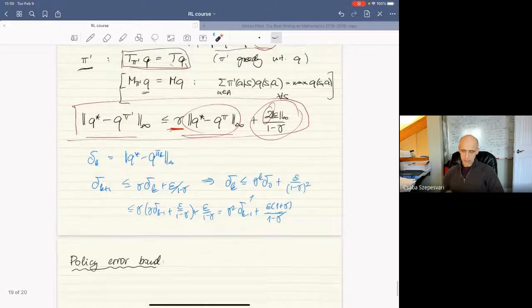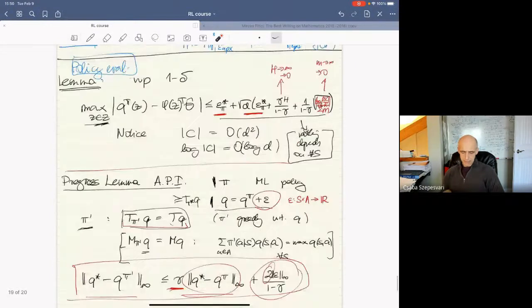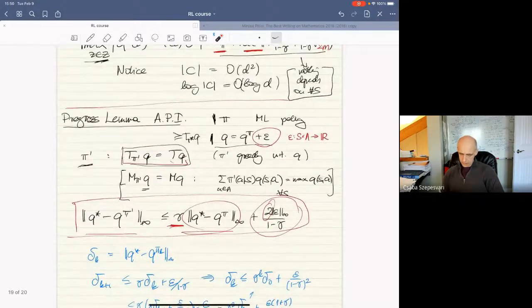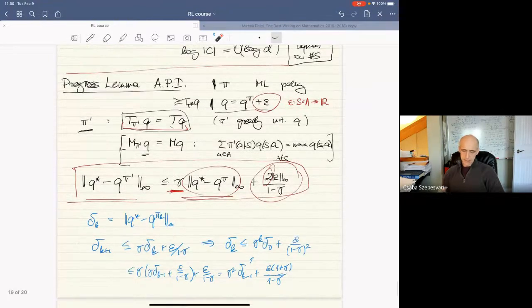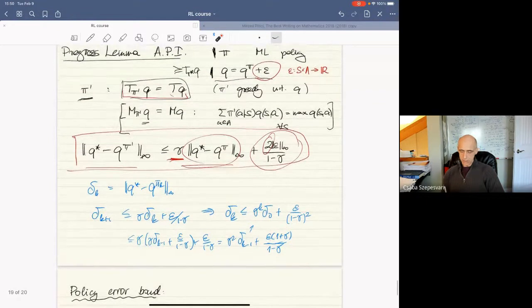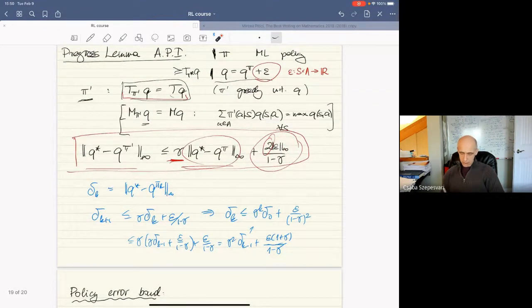All right. And now you can ask the question, okay, so this is all good. So we are making progress because the first result says that we can control this max norm errors. So that was this lemma. And then the second result says that as long as this max norm errors can all be controlled, we're controlling the errors of the iterates. We're still under control.